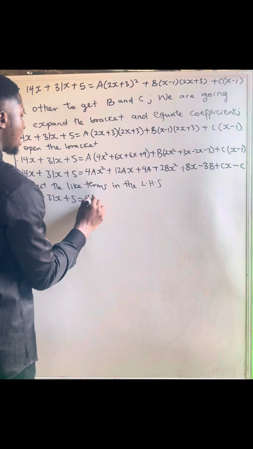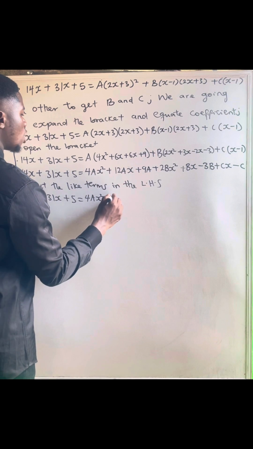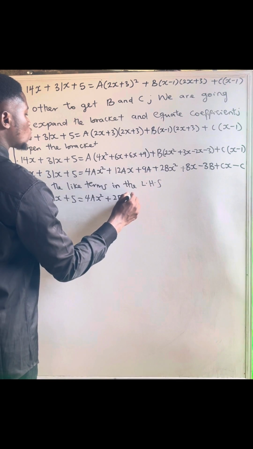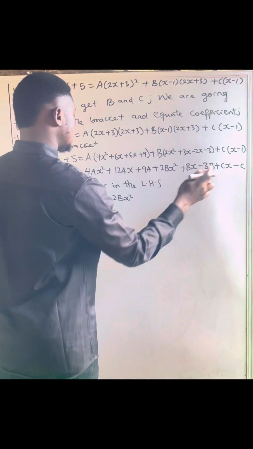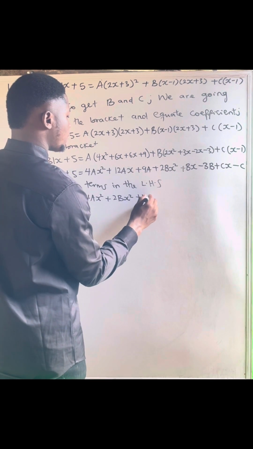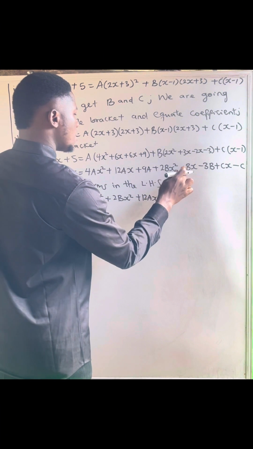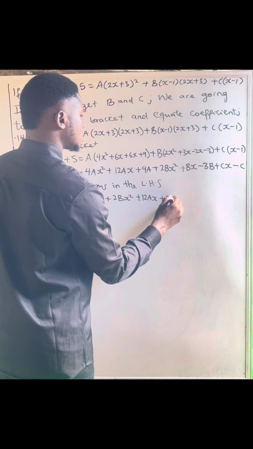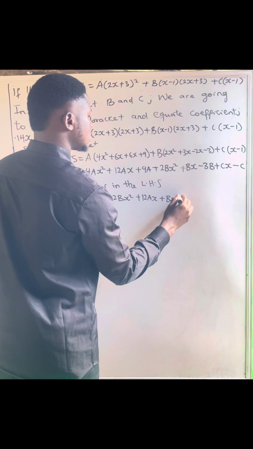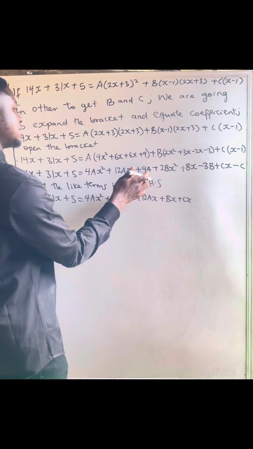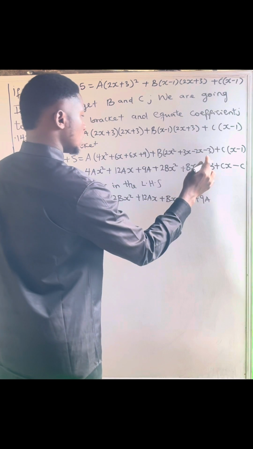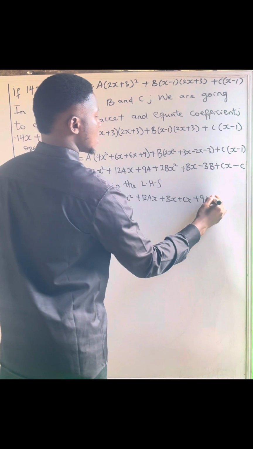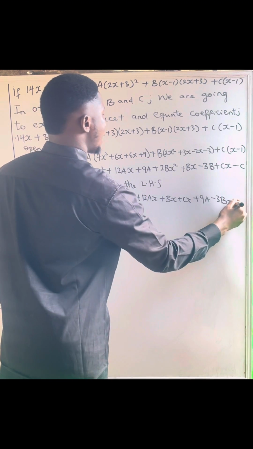That will be 4ax squared plus 2bx squared. This is x. This is x. This is x. Plus 12ax plus bx plus cx. This is 9a. This is minus 3b minus c.